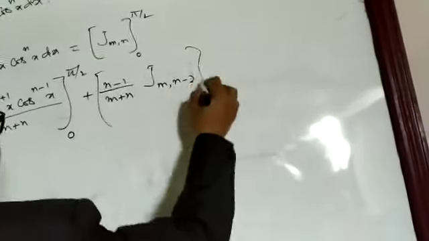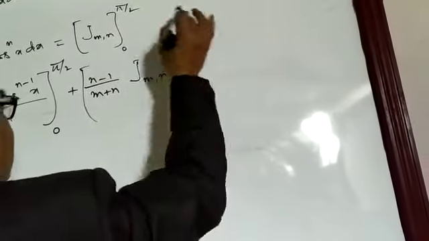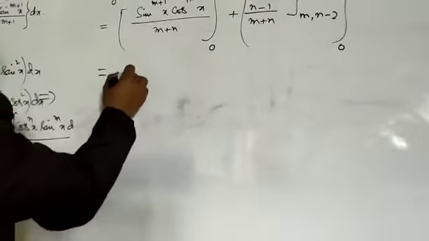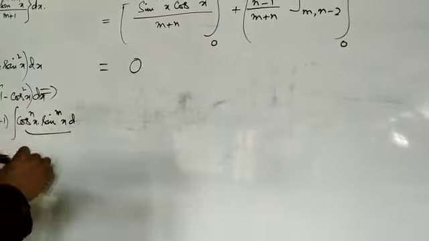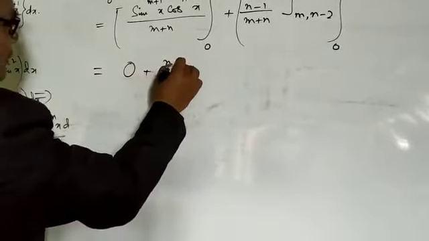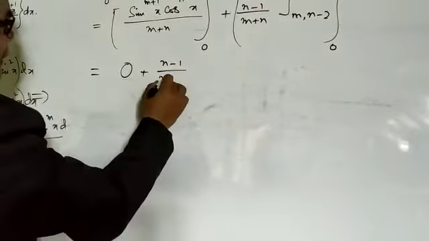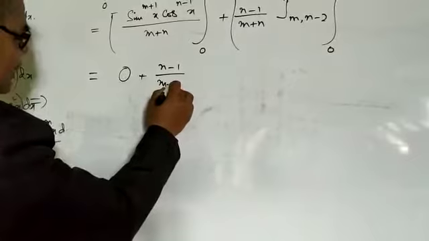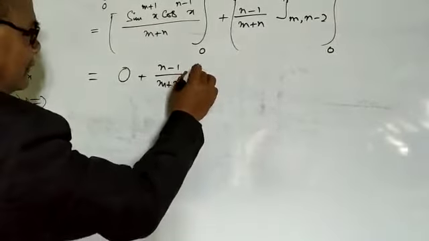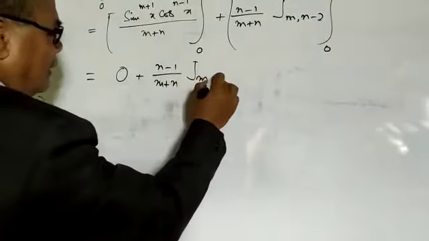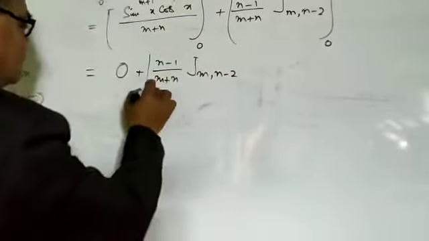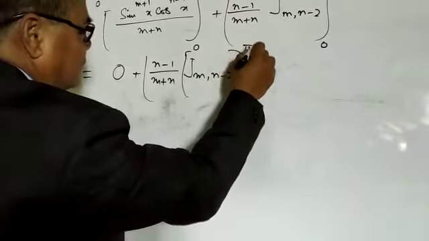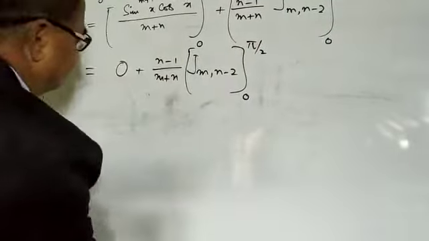So the limit is given here 0 to pi by 2. So this integration is equal to, this is already 0. Therefore, the general formula of this reduction formula for the integration of 0 to pi by 2 will be n minus 1 by m plus n, j of m comma n minus 2. So the limit you can take here only 0 to pi by 2.